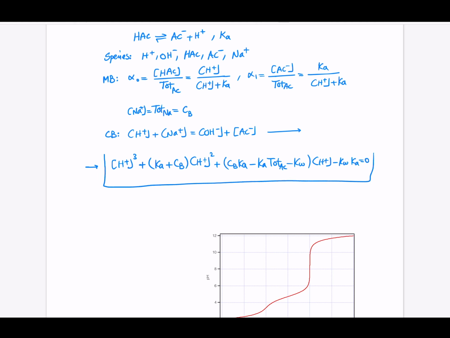So that's the equation for the line of the titration.